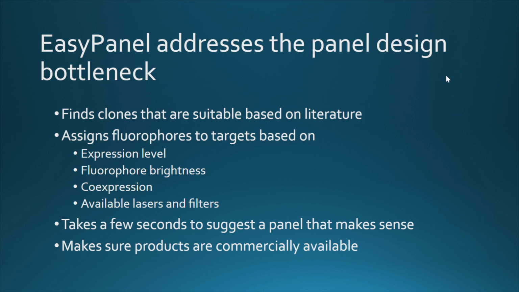And again, EasyPanel obviously accounts for that. It will not suggest fluorochromes that are not compatible with your cytometer. It understands perfectly well your configuration, and the cytometer you're using, and will suggest fluorochromes that make sense in that regard.